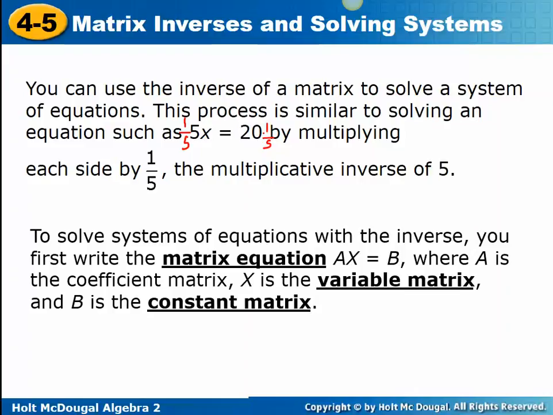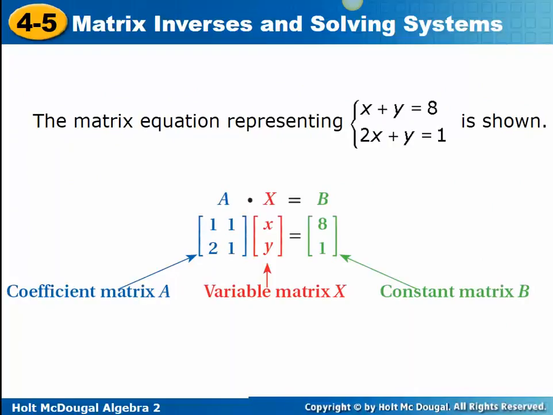So we're going to write some different matrices here. We're going to write a matrix equation where A is the coefficient matrix, X is the variable matrix, and B is the constant matrix. Here's what we got. If we had this system of equations, x plus y equals 8 and 2x plus y equals 1, the coefficient matrix is the numbers in front of the variables.